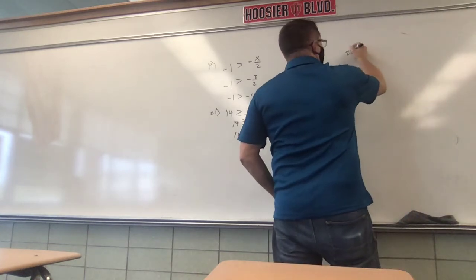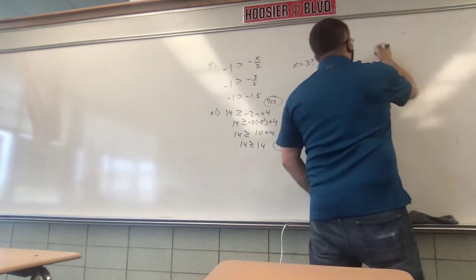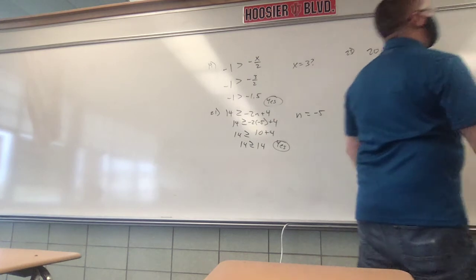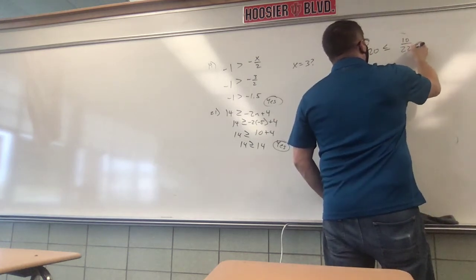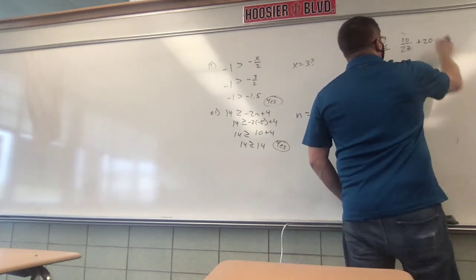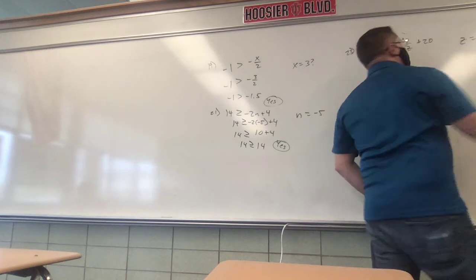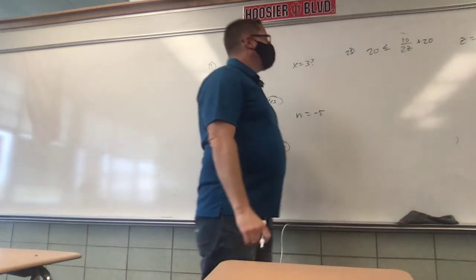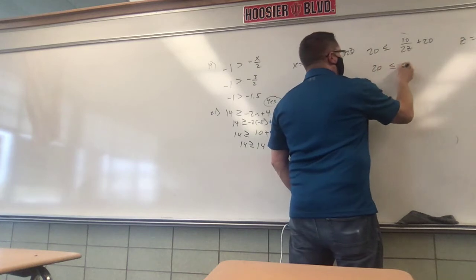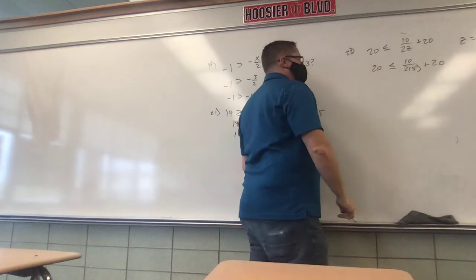Okay, so 23. We have 20 is less than or equal to 10 over 2z plus 20. And they give us z is 5. So again, we plug in what they tell you to plug in. We plug in 5: 20 is less than or equal to 10 over 2 times 5 plus 20.